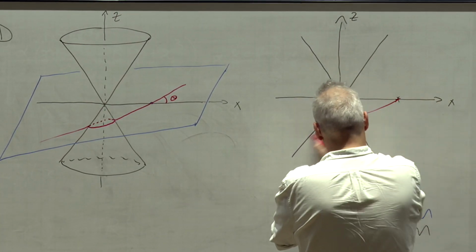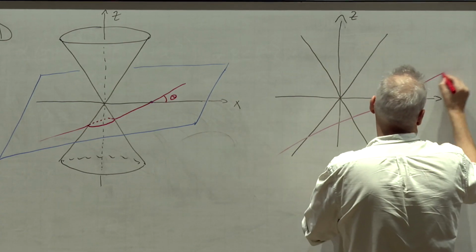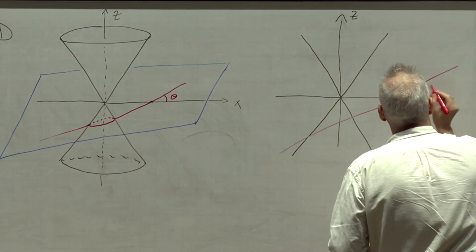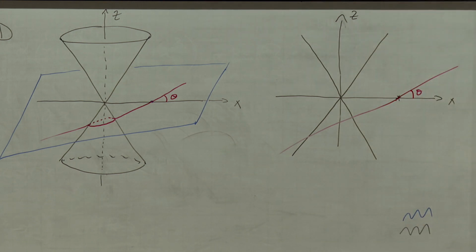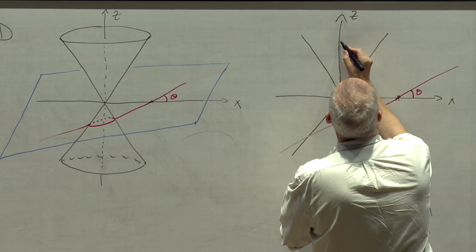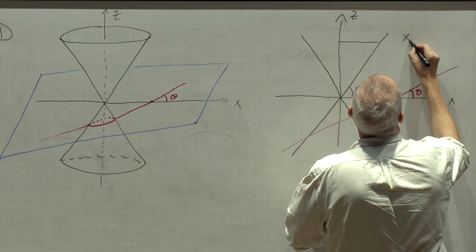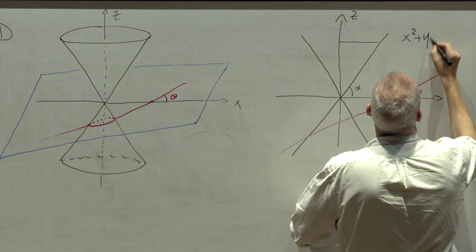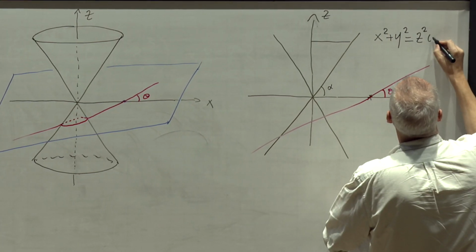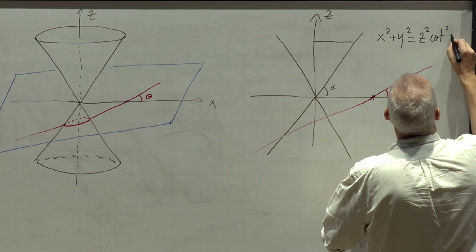I'm going to take a line here. And here I take theta, and theta is the one I'm going to change. And Z is my cone. And if alpha is the angle here, then the cone is described by x squared plus y squared equals z squared cotangent squared of alpha.